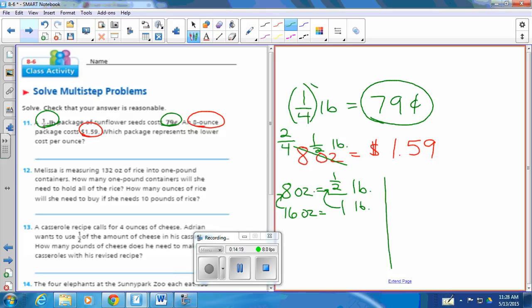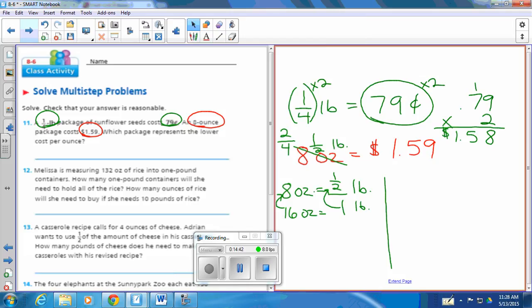So if we double this, we need to double this. Okay, so what's 79 cents times 2? So which one is cheaper? Green or red? Green. By how much? 1 tiny little penny.